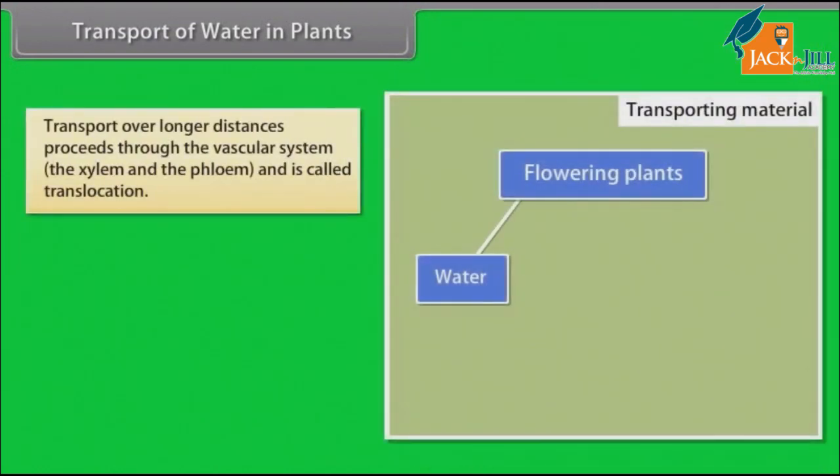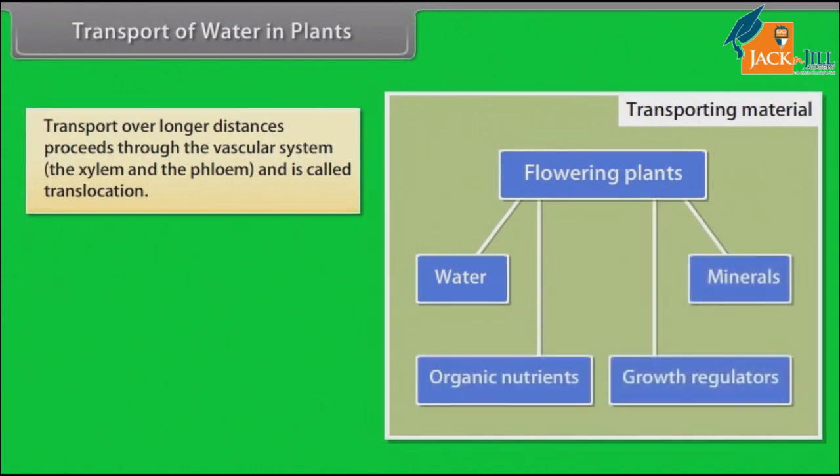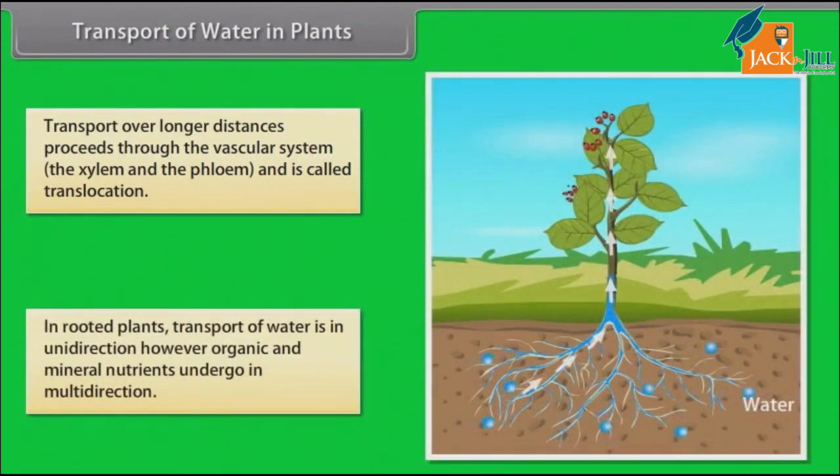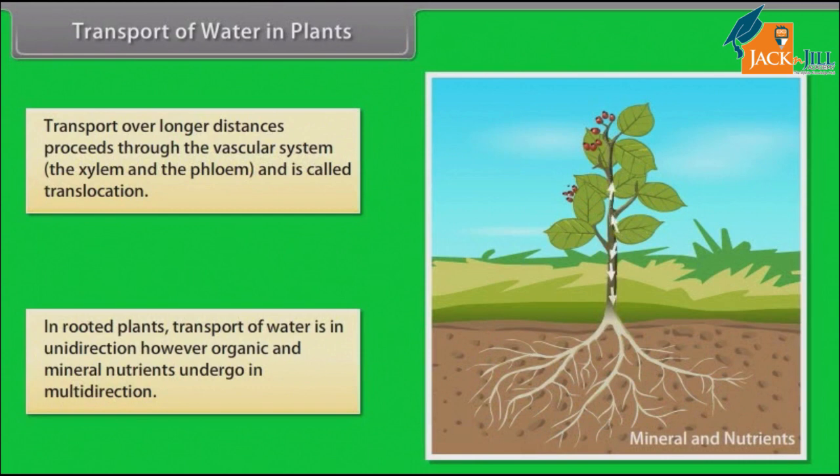Transport over longer distances proceeds through the vascular system and is called translocation. You will be surprised to know that in rooted plants, transport in xylem is essentially unidirectional, from roots to the stems. Organic and mineral nutrients, however, undergo multidirectional transport. Now we will learn about the means of transport for short distances in plants.